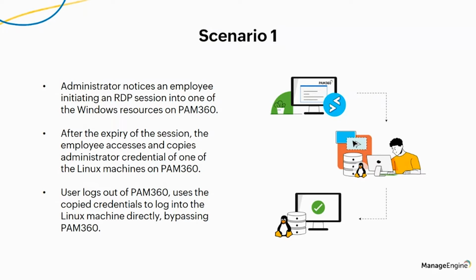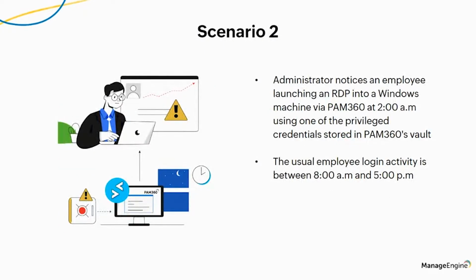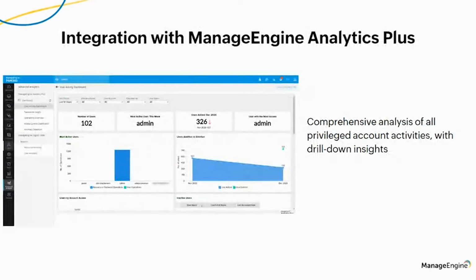All the user did is retrieve the Linux secret in PAM, and for that, PAM will have the audit. But after that, because the user decided to bypass PAM and directly go to that box, now PAM doesn't have any vision to what is happening in that particular machine. So that's scenario one.